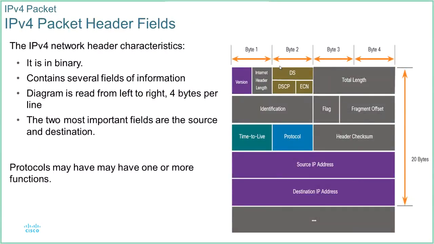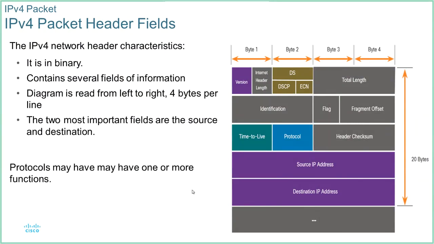So this is why we only concentrate on the version, quality of service markers, time to live field, the protocol, source and destination addresses, because they're the main ones that are always used.